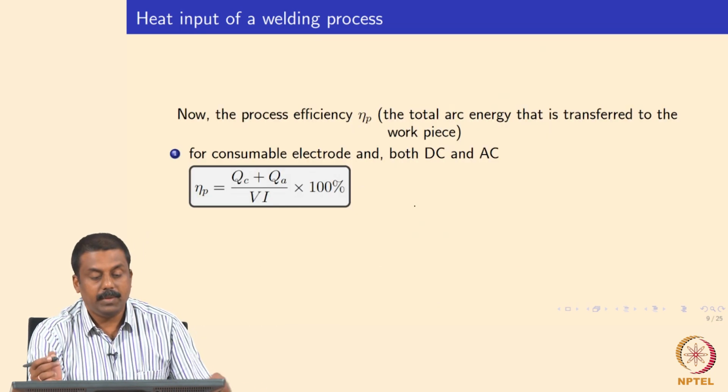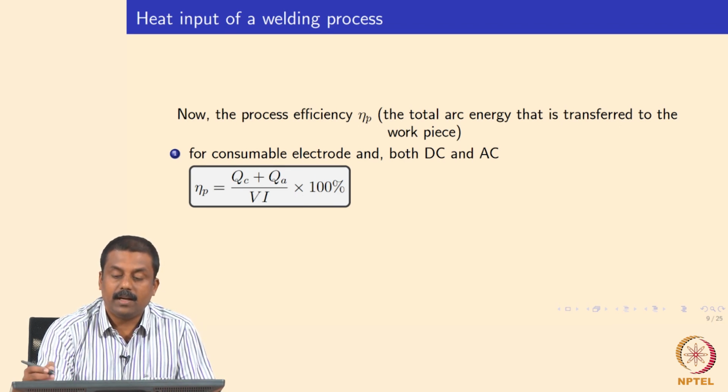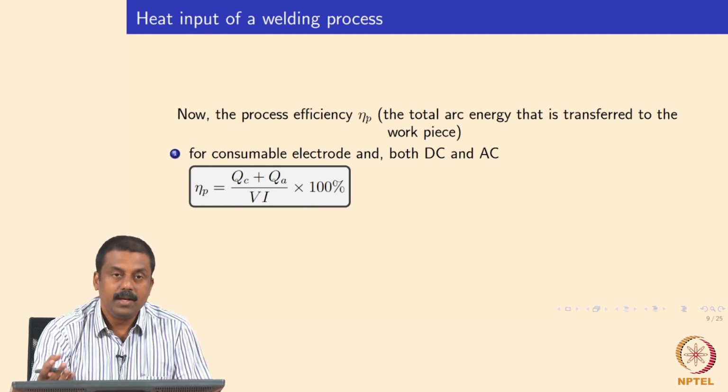Then the efficiency can be calculated very easily. Process efficiency is nothing but the total arc energy that is transferred to the workpiece. In this consumable electrode process, you also melt the consumable and transfer the droplets to the workpiece.